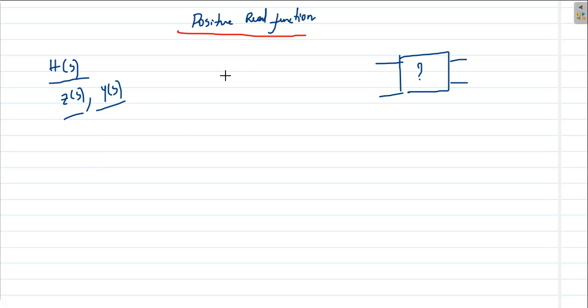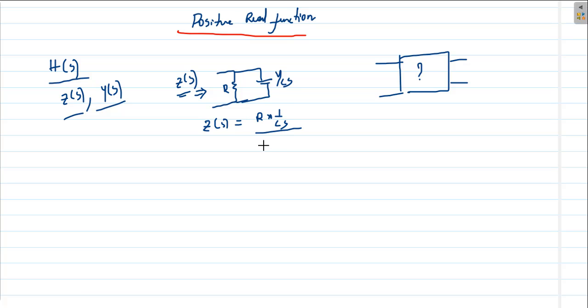If you have a circuit, for example a resistor and a capacitor, the Laplace of the capacitor is 1 by Cs and the Laplace of the resistor is R. To find the impedance, Z of s is equal to R into 1 by Cs divided by R plus 1 by Cs.